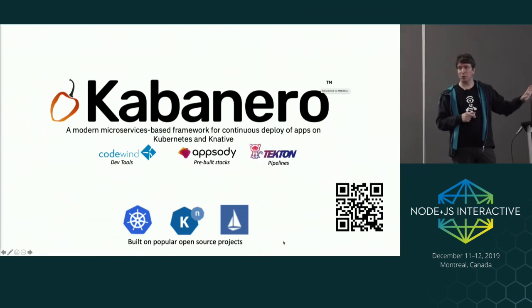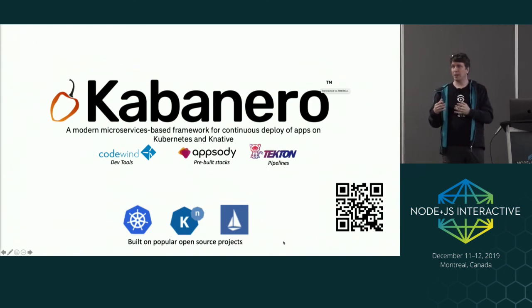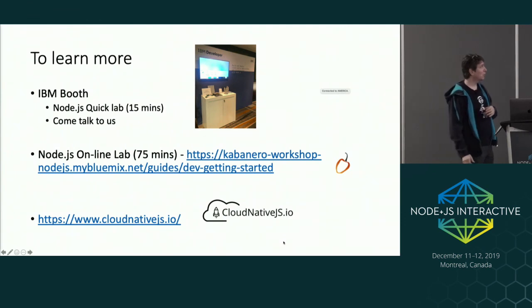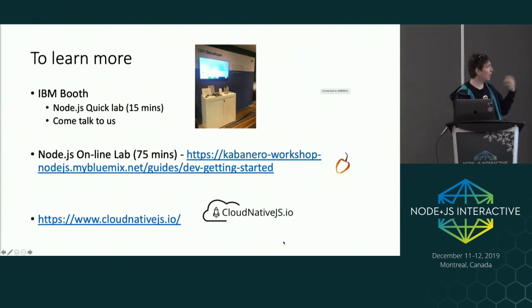Kabanero is another open source project. And again, what it does is it bundles together the different pieces along with some curated stacks. So we talked about stacks that you would want to potentially put in for your organization. This gives you some curated stacks, which we expect you would start with and then sort of customize for your use.